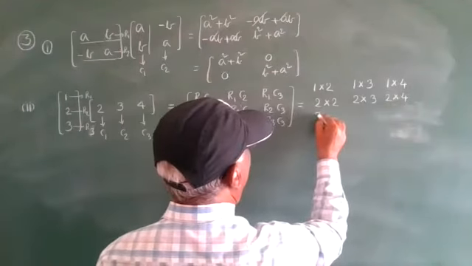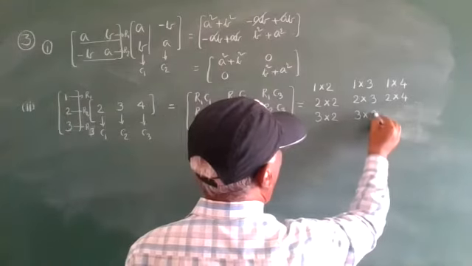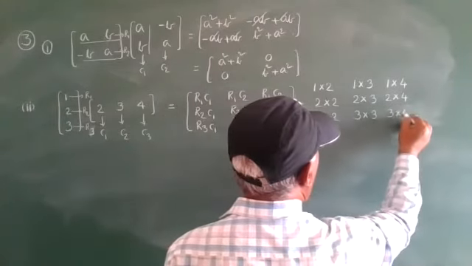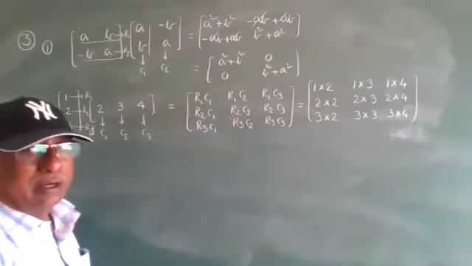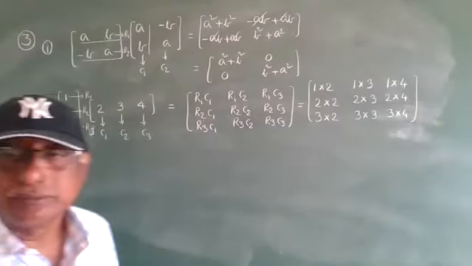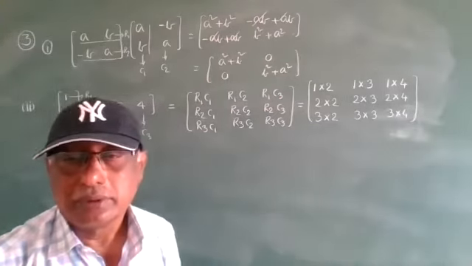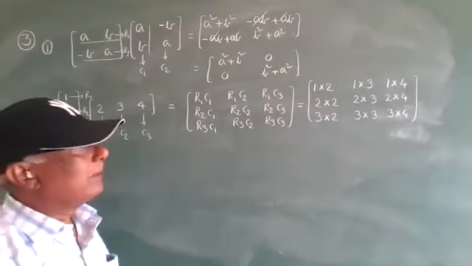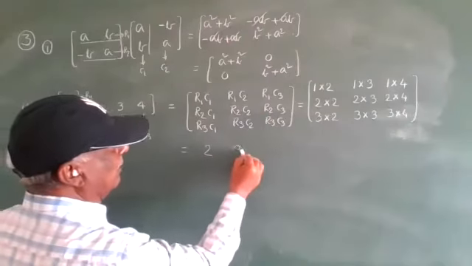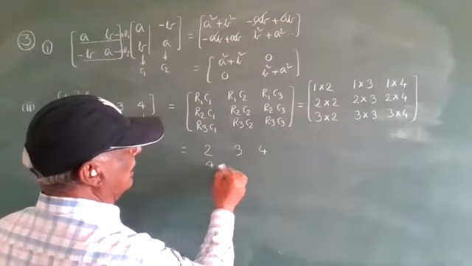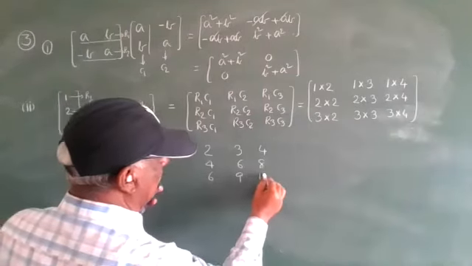Start with R3, R3 with C1, 3 with C2, and 3 with C3. Now write down the multiplication and the answer is: 2, 3, 4, 4, 6, 8, 6, 9, and 12.